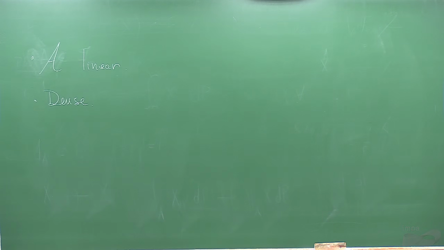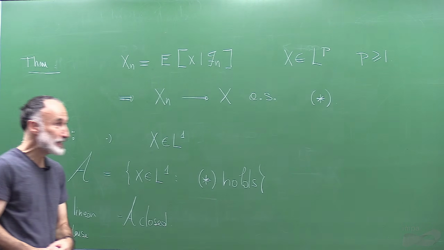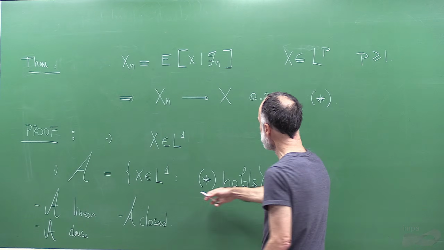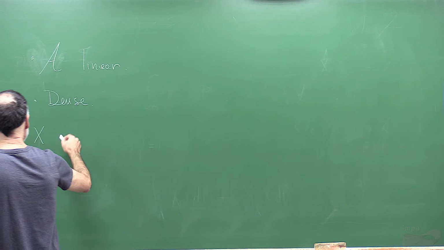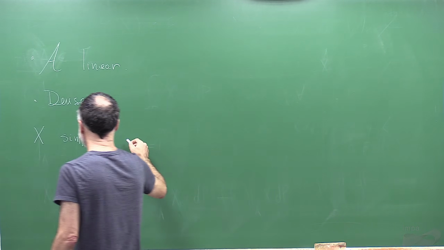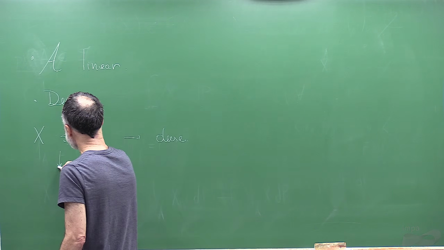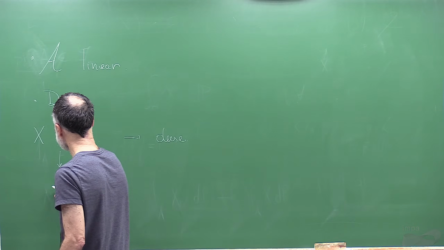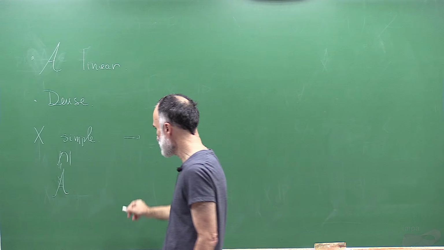Why does star hold? If a set is F measurable, then it can be approximated by unions of sets in F_n. Yes, that I agree, but I need that this property holds. So if I take x to be simple, I agree that this set is dense. But why is this set included in A? You take an indicator function.